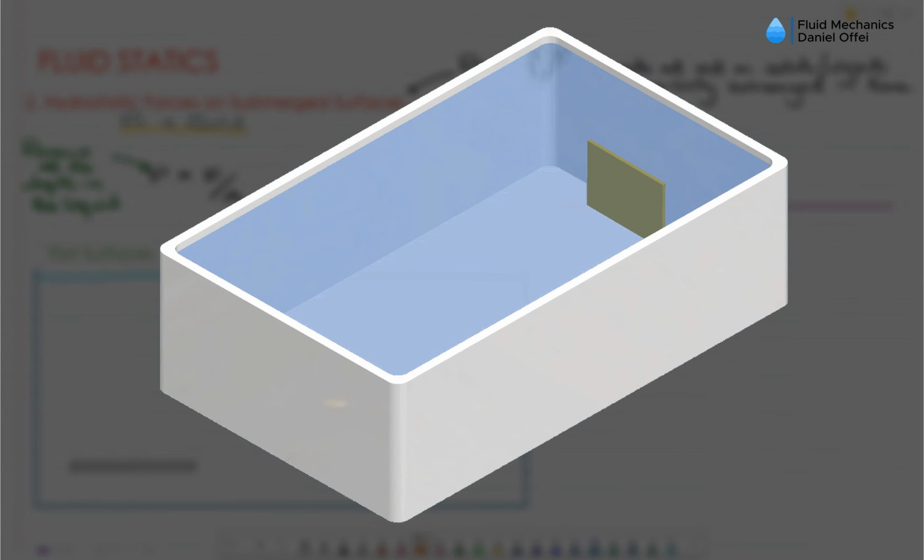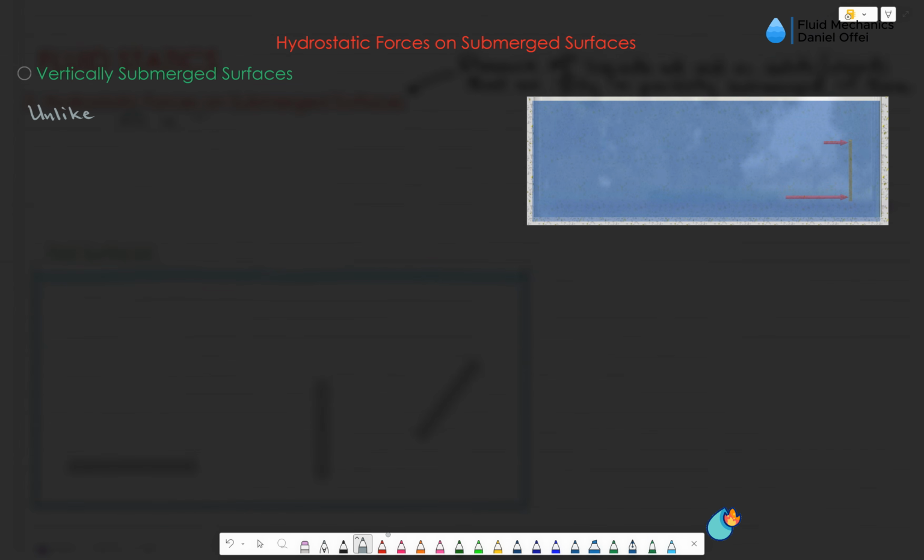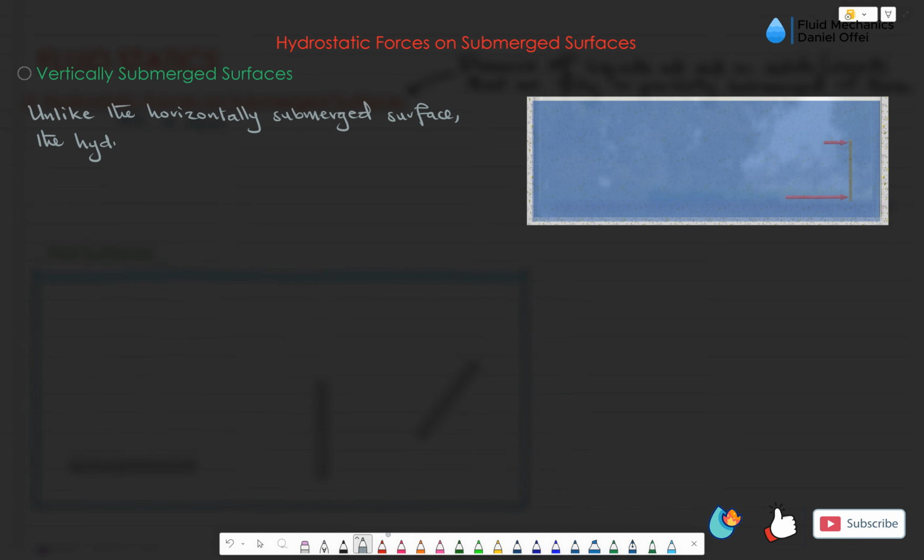Now let's look at a scenario where we have a vertically submerged surface. Unlike the case of horizontally submerged surfaces, we expect that when we go down in a liquid, pressure will increase. Therefore, the force at the top of the solid should be definitely different from the force at the bottom of the solid.